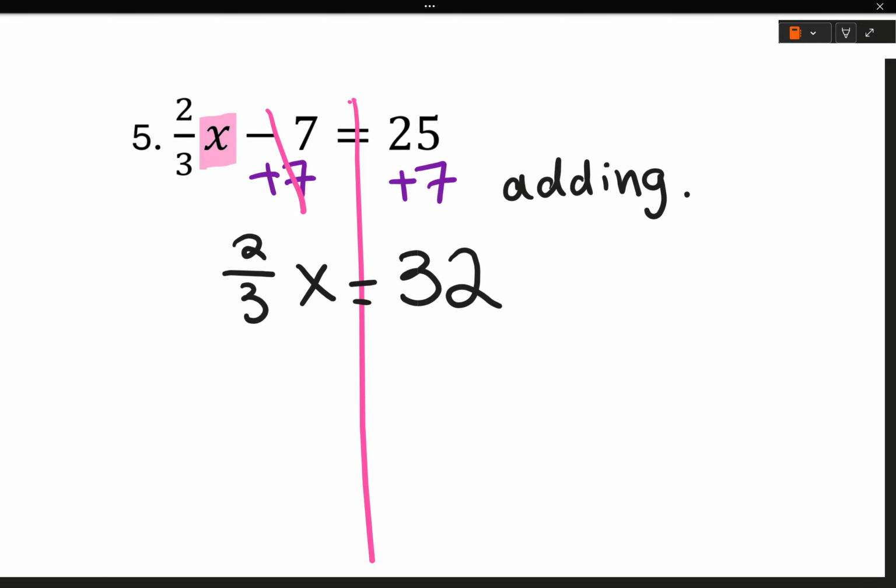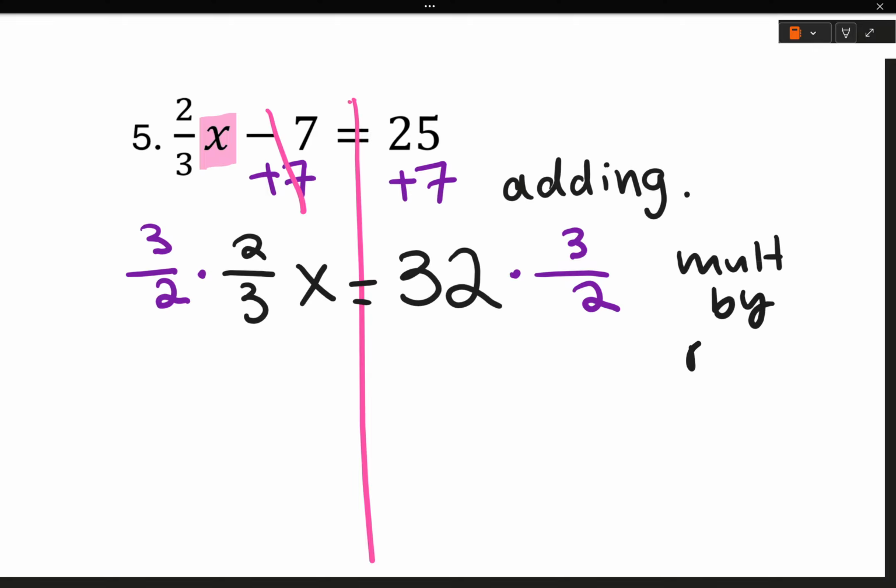Okay, now we need to get rid of that fraction. Let's multiply by the reciprocal. Check it out. I'm going to multiply both sides by the fraction flipped upside down. Let's prove to you again why this works.